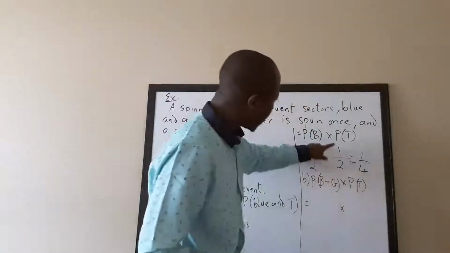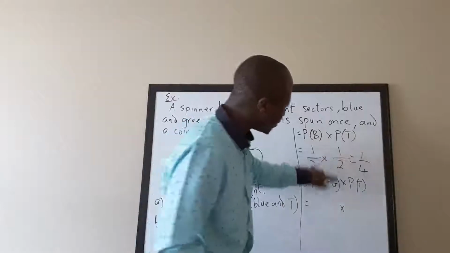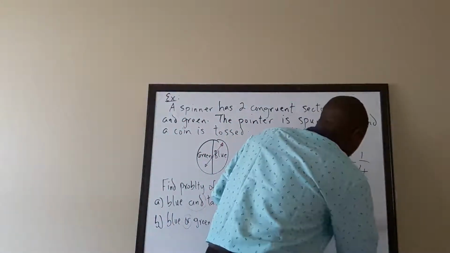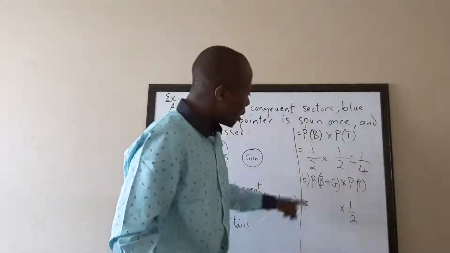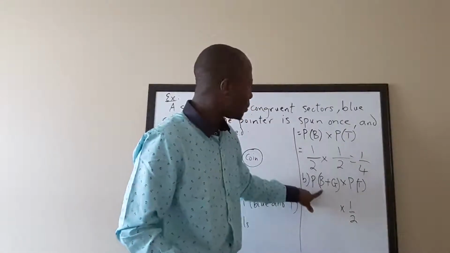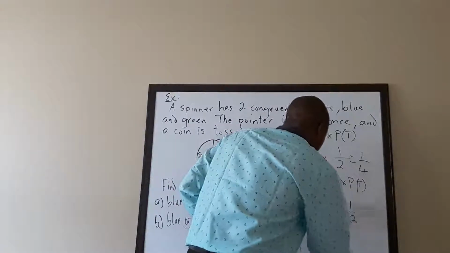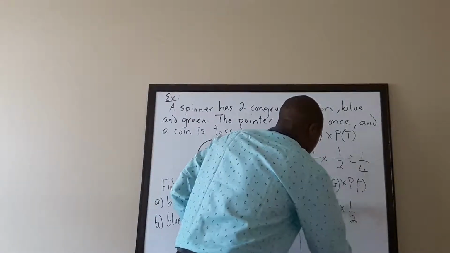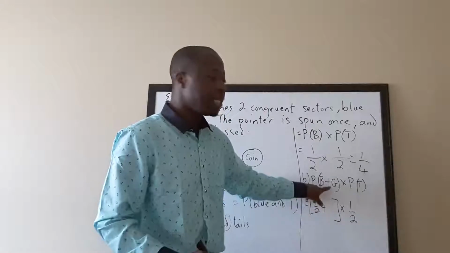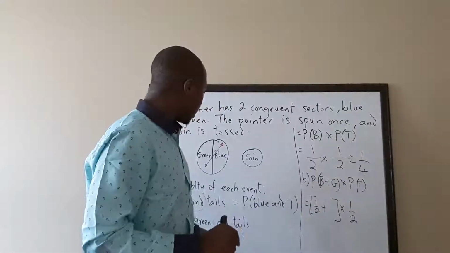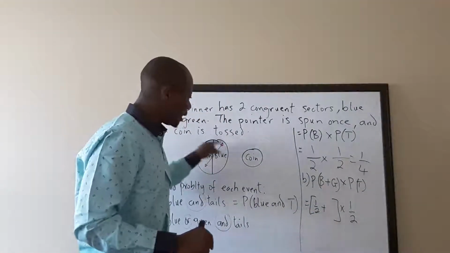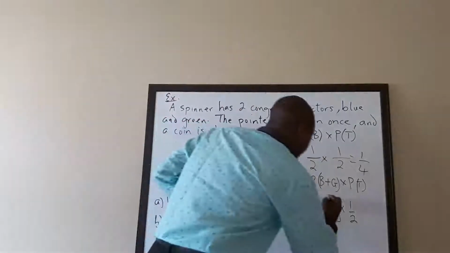We said here that the probability of tail is 1 over 2. Now the probability of blue is 1 over 2. I'm going to do this plus the probability of green, again, is only 1 chance in 2. So 1 over 2.